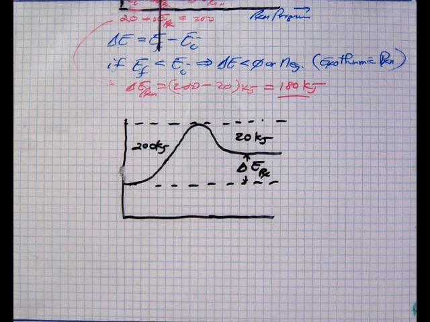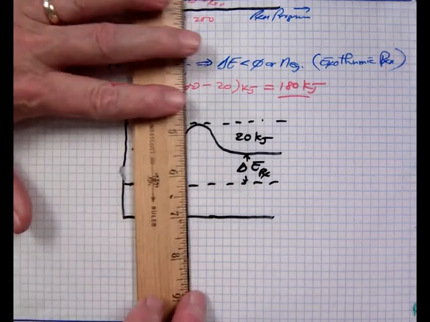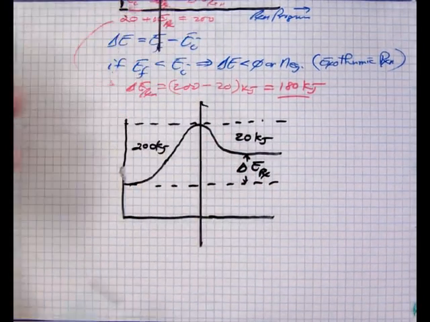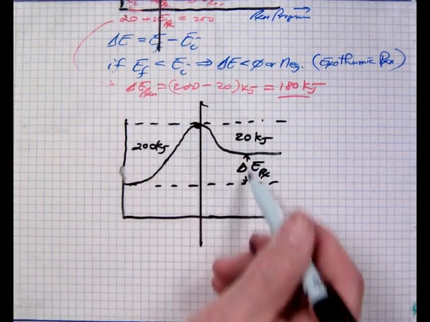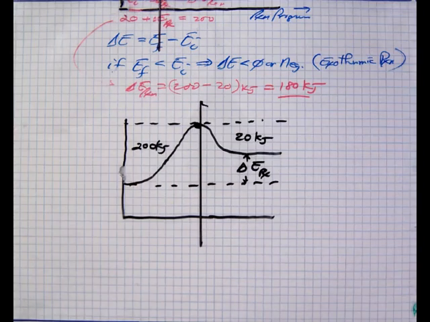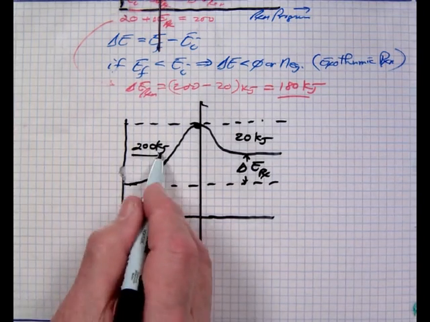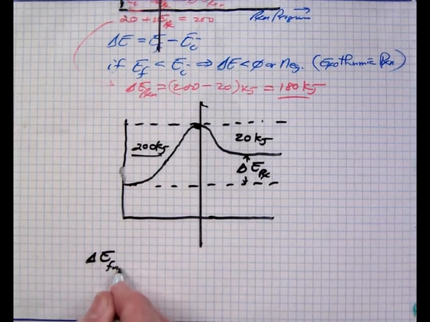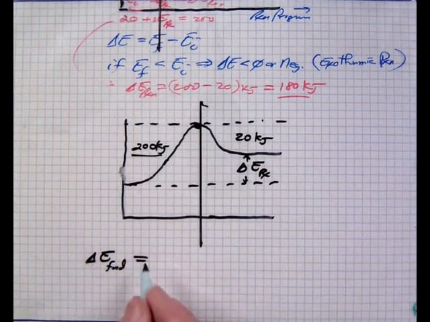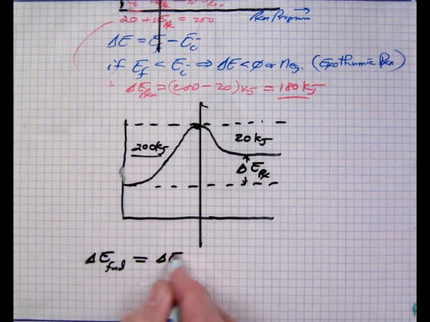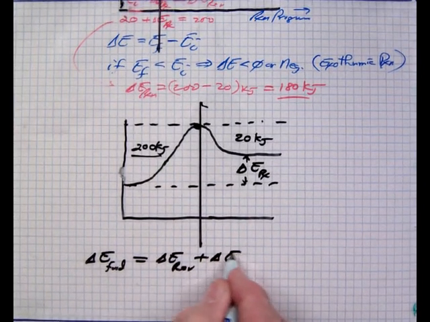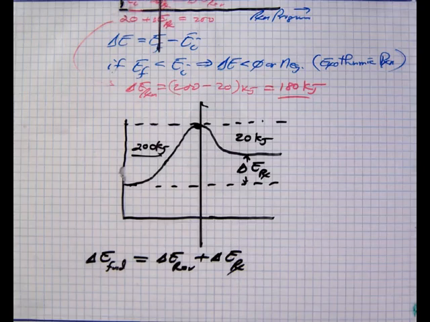Same issue. In this, you have to compare the left side relative to the activation point to the right side. In this scenario, the delta E for the forward reaction equals delta E for the reverse plus delta E for the reaction.